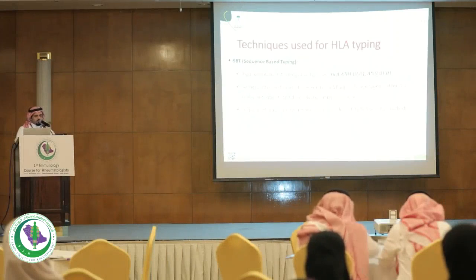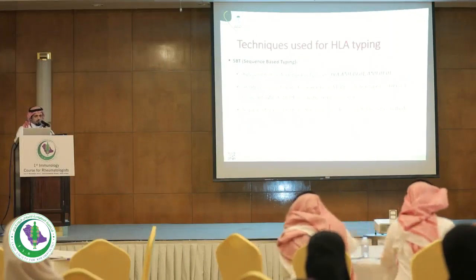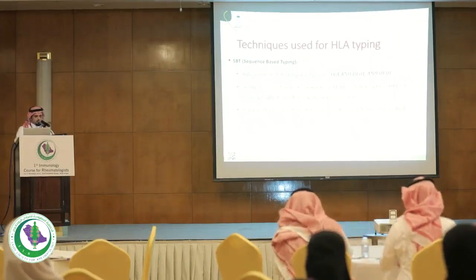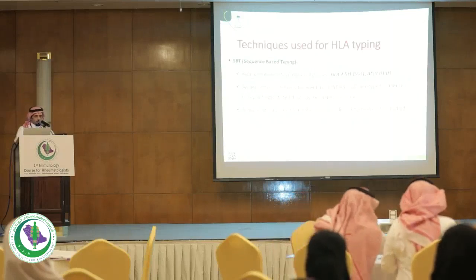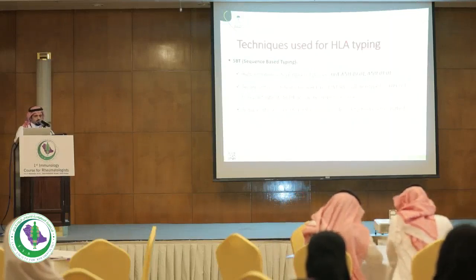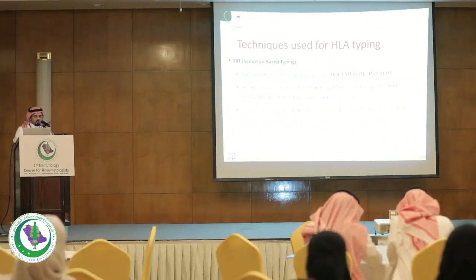It has a higher resolution, which can give you up to 6 digits compared to SSO. It is a sequencing-based method used to determine HLA high-resolution type, especially for stem cell transplant patients and their selected unrelated donors. Sequencing is also used to resolve any novel alleles detected by other methods.